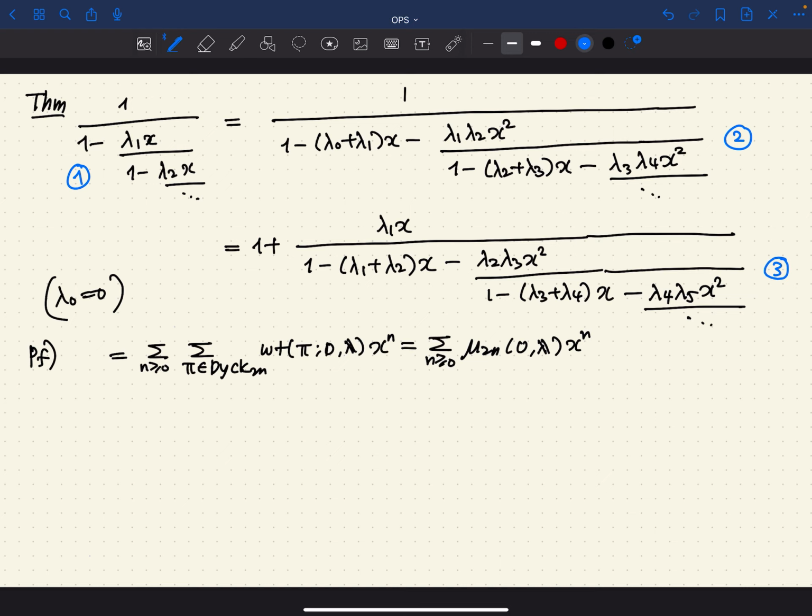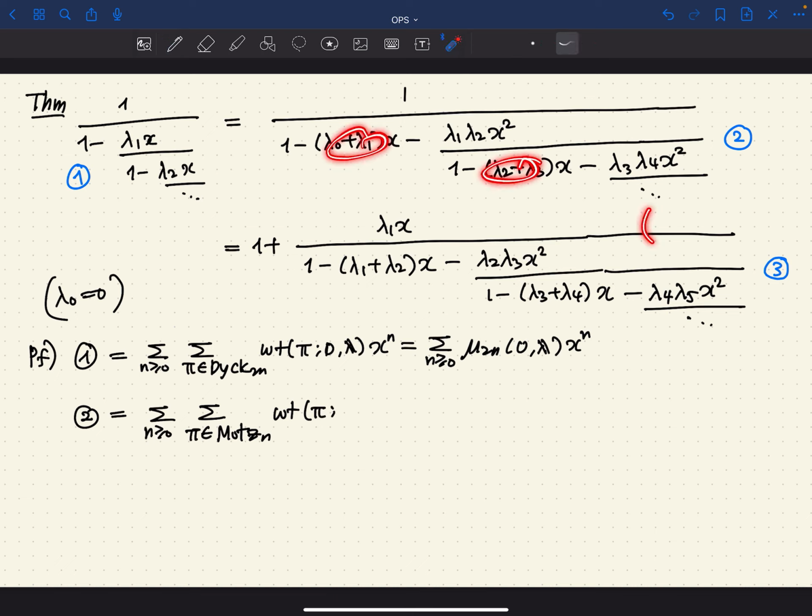So this is 1. What about 2? 2 is equal to the generating function for all Motzkin paths where the weights are the b's and then the lambdas, but this is really the b that we defined before, lambda, x to the n.